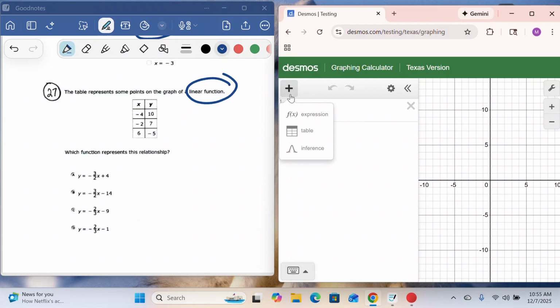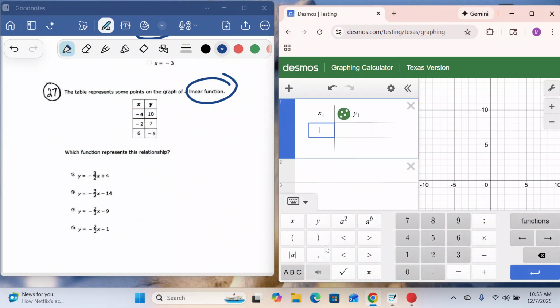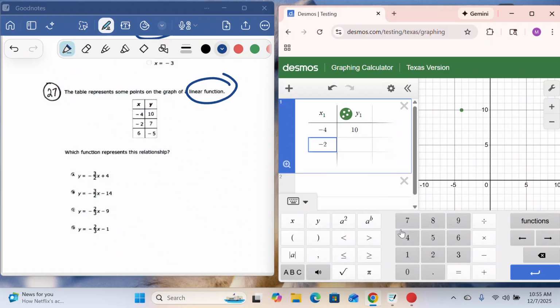So I'm going to go ahead and use my table function, and I'm going to put negative 4 comma 10, negative 2 comma 7, and 6 comma negative 5 in the table.